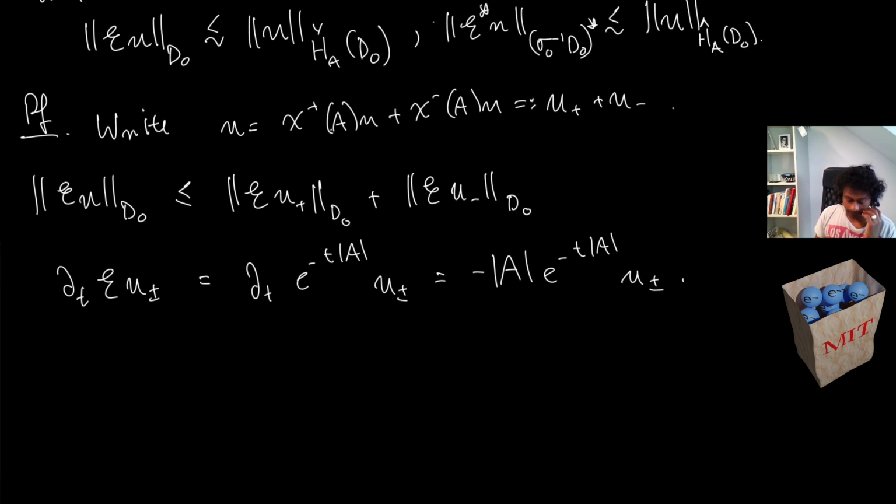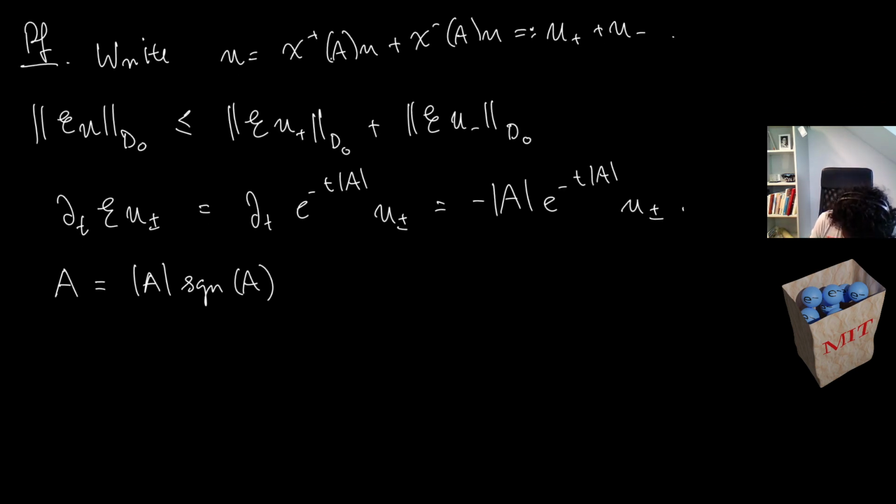I also want to note that a is equal to modulus a signum of a, because the signum operator squares to 1. So modulus a is a signum of a signum a, but then a can be recovered by taking the modulus and composing with the signum.